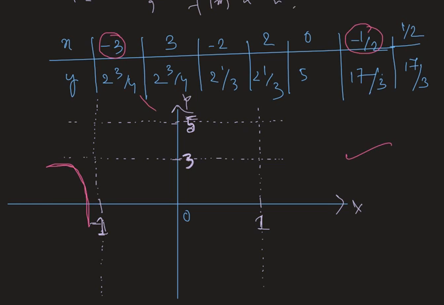Therefore, the graph looks like this. That is the curve which has a negative slope and is greater than 5.